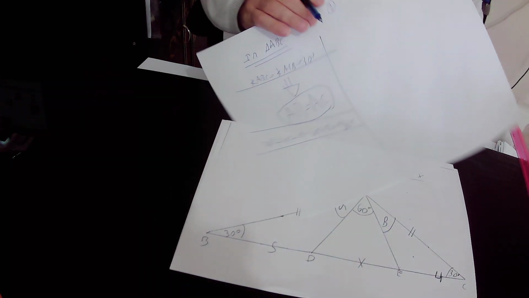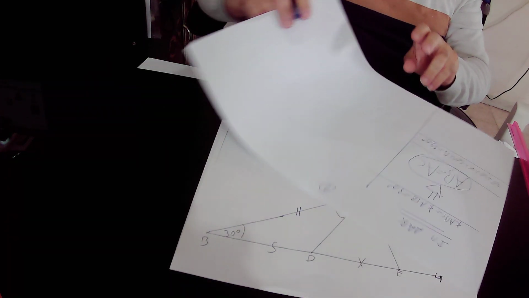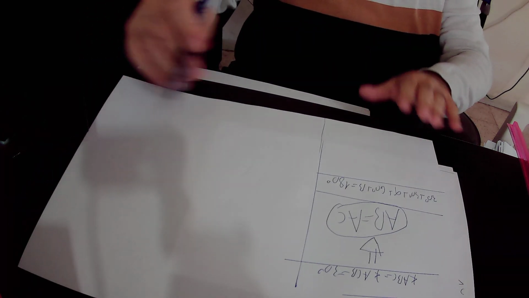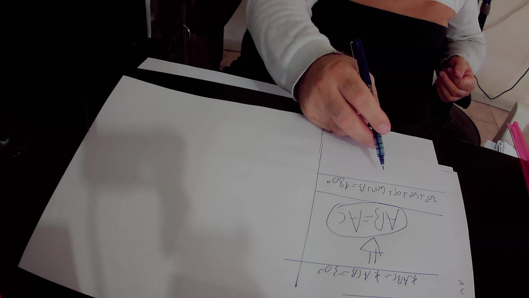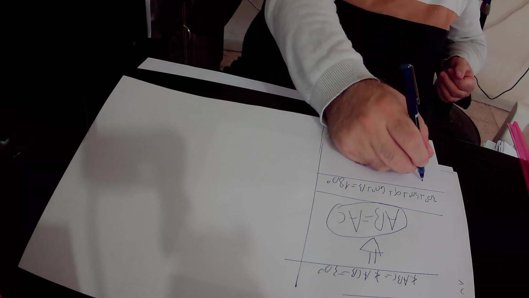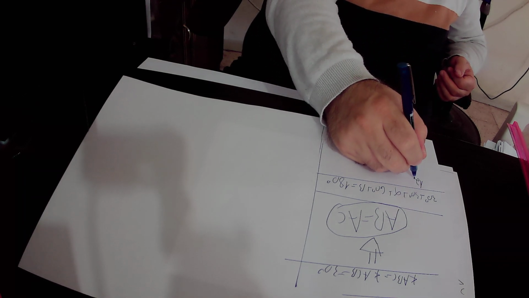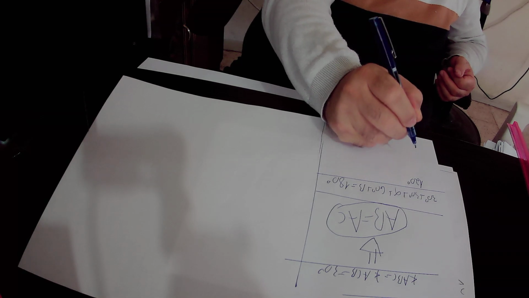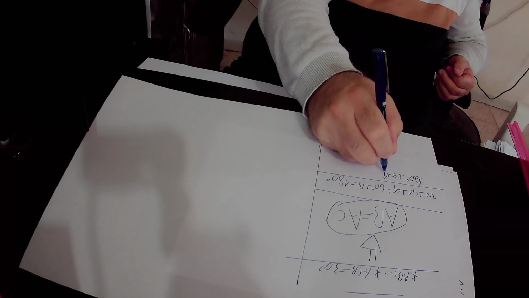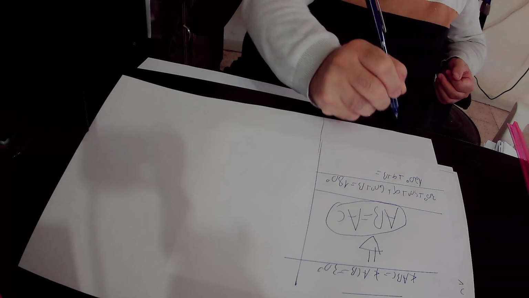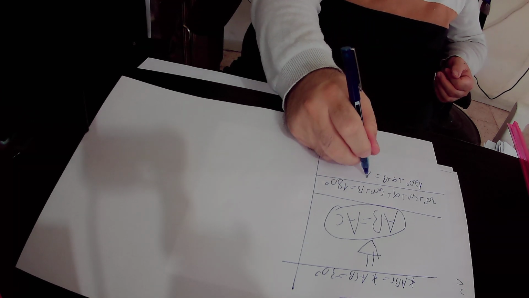So here we have 30 degrees plus 30 degrees is 60 degrees, and 60 degrees plus 60 degrees is equal to 120 degrees, plus alpha plus beta is equal to 180 degrees.